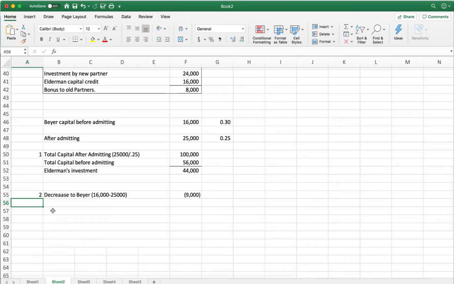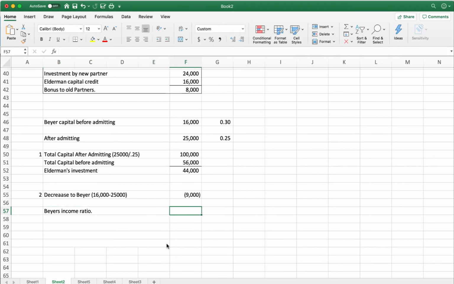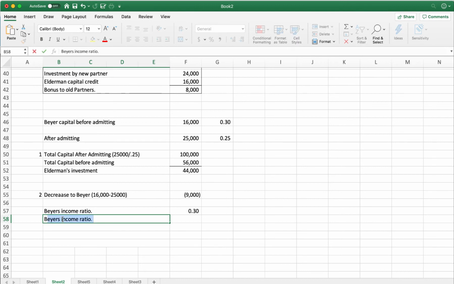If I take Bayer's income ratio, which before the admittance was 30%, and I divide the decrease in Bayer's equity by it, that will end up being the bonus to the old partners.